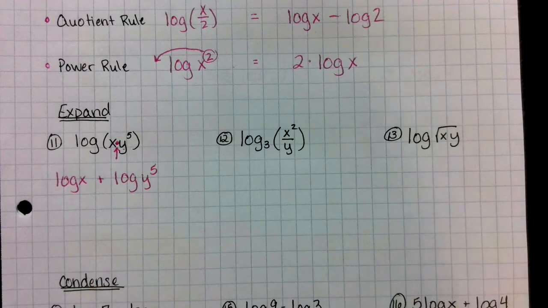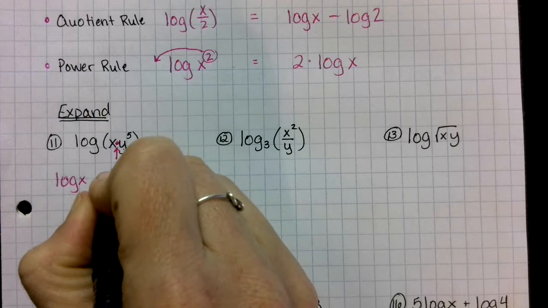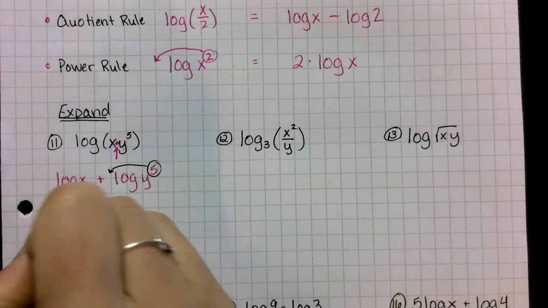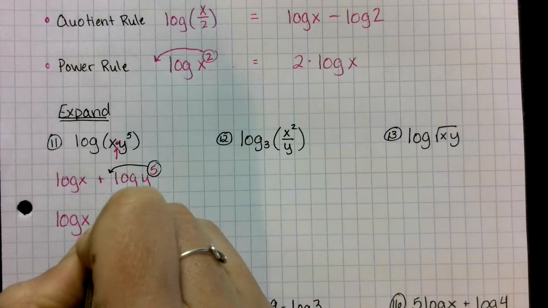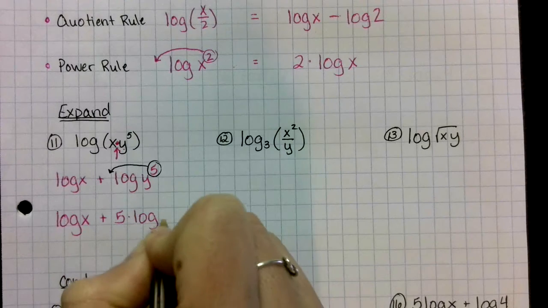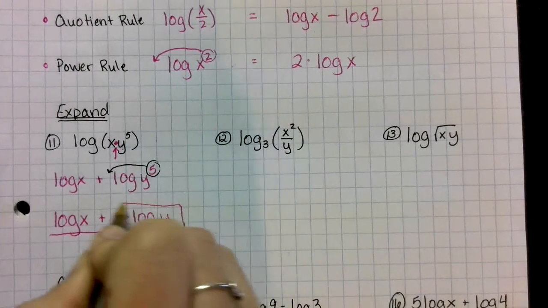So now what I know is I'm going to take this exponent, and we've done this before, and I'm going to move this out to the front. So my final expanded answer, I'm going to have log of x plus 5 times log of y. And that is as expanded as I can get that one.